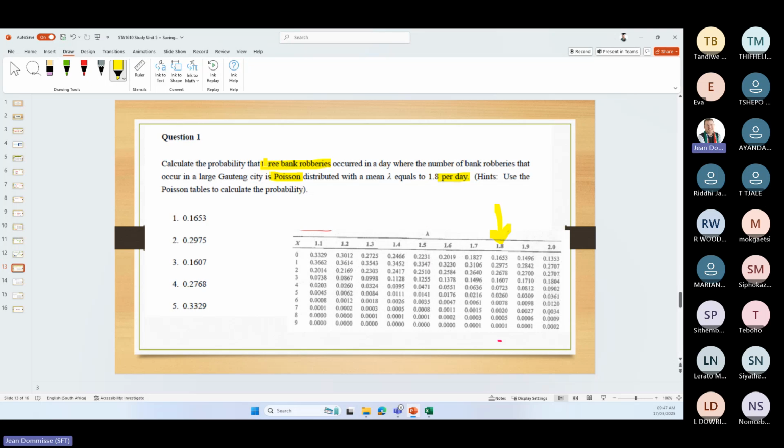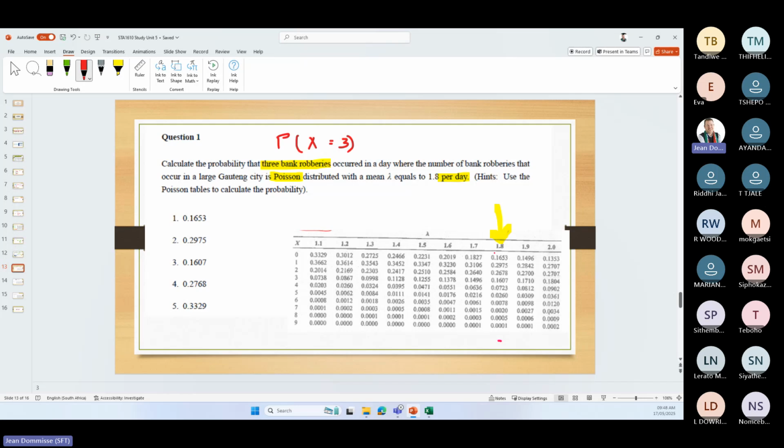They ask us exactly 3. So what's the probability that there will be 3 bank robberies? They didn't say more than 3 or less than 3, so just on the dot, we need to work out for 3.